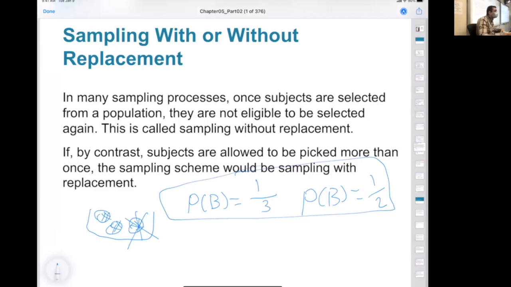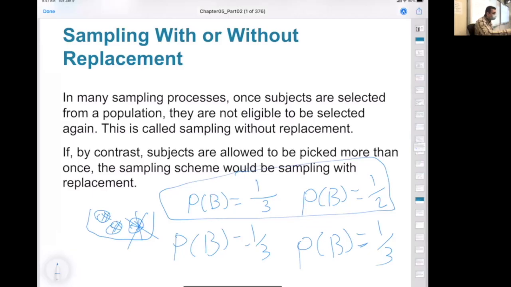But if I say with replacement, the probability for the first one is still 1 over 3, and then you return it. The probability that you get another ball also stays the same, 1 over 3, because you put it back in the box. So this is the difference between with replacement and without replacement.